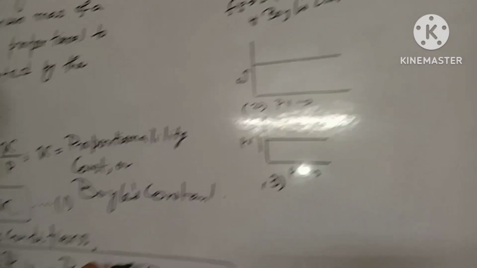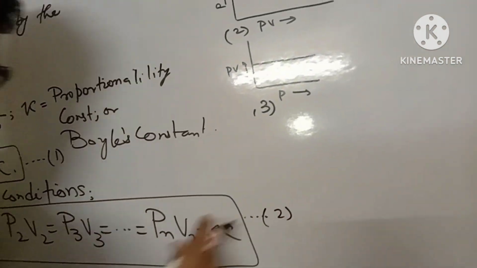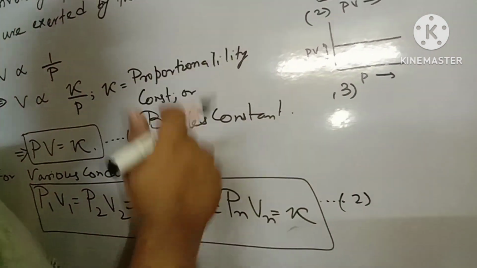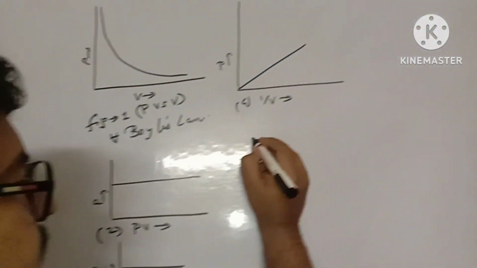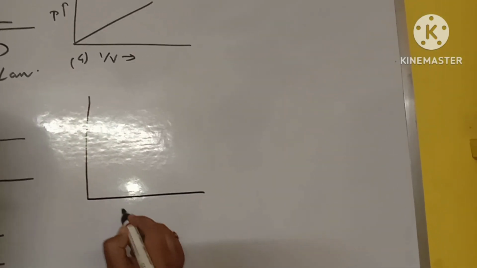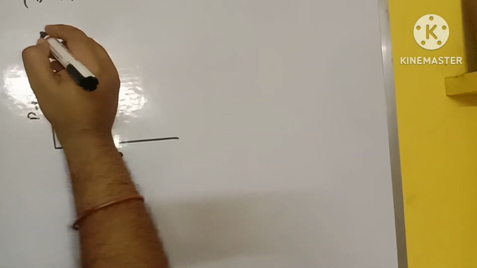Now this equation number 2, P1 V1 equal to P2 V2 equal to P3 V3 equal to dot kappa. We want to plot it. The plot becomes like this. V here, P here.